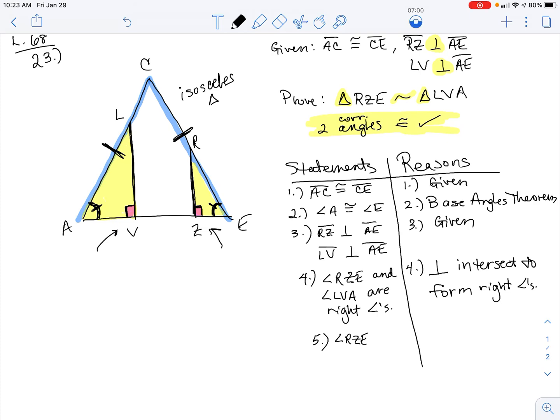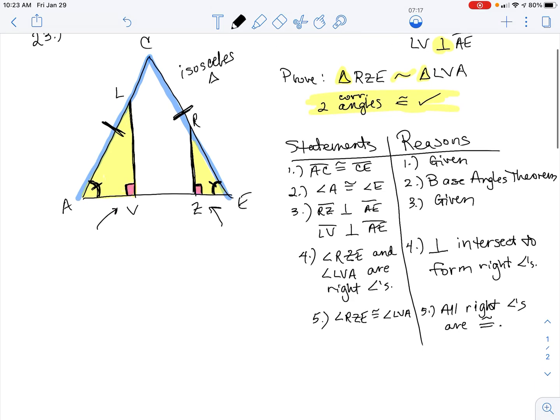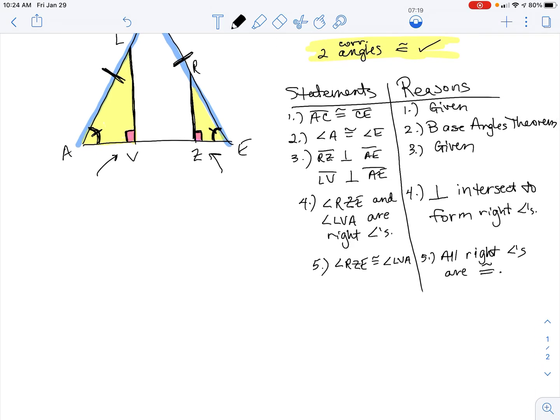So we're kind of repeating step 4, but except now we want to actually state that those angles are actually congruent to each other. And why? Because all right angles are congruent. Right? They're all 90 degrees. So we have to make that statement because these are our 2 steps right here. We have shown that those angles are congruent and those angles are congruent.